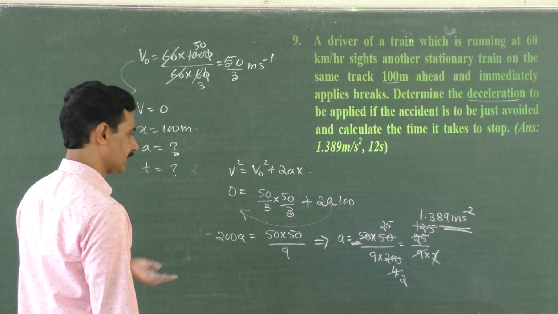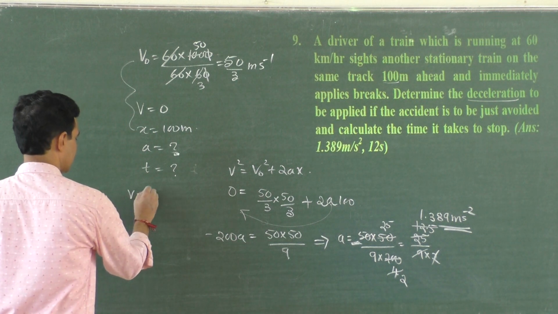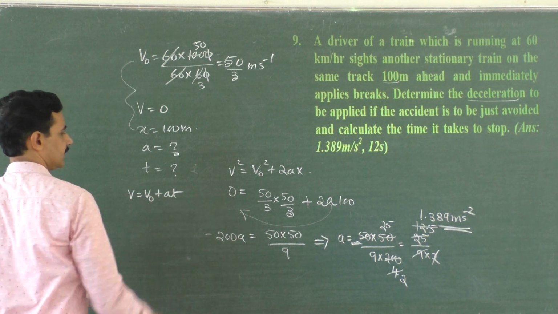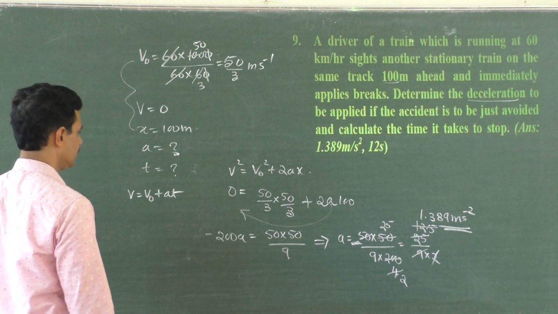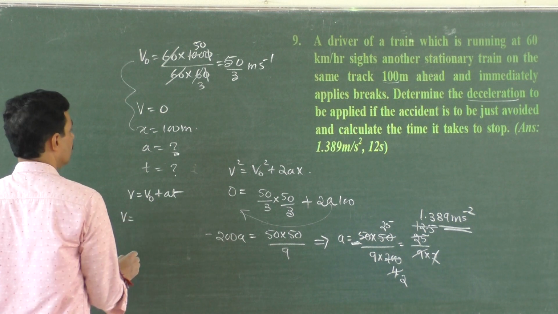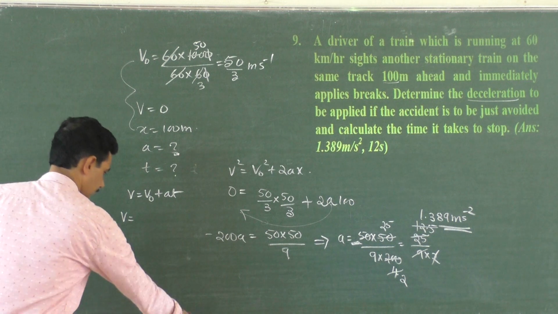Time: once you get acceleration, why can't you put V equal to V naught plus at? Final velocity is 0.